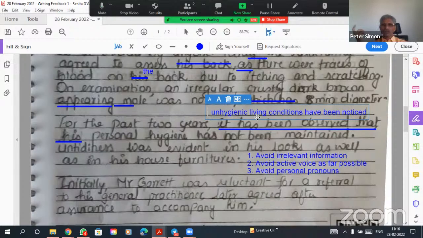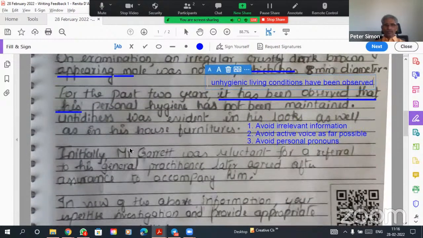Or you can say, have been observed. For the past 2 years, unhygienic living conditions have been observed. That's what it has been observed. Why that much unnecessary, finished. You are unnecessarily pulling it like a bubble gum. Avoid stretching.